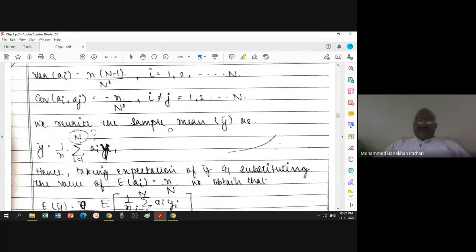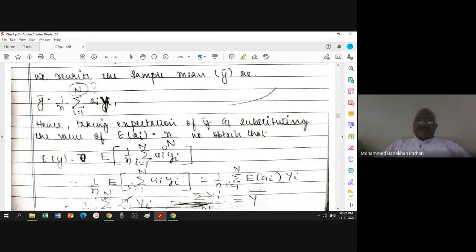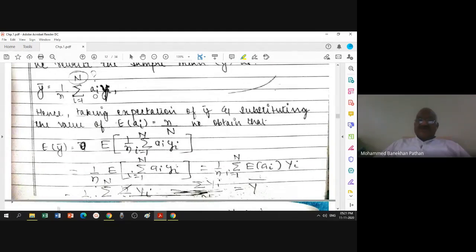We rewrite the sample mean y bar as y bar equal to 1 upon n summation i = 1 to capital N a_i multiplied by y_i. By taking expectation of both sides and using this result, we get E of y bar. 1 upon n is a constant, expected value of summation a_i y_i.